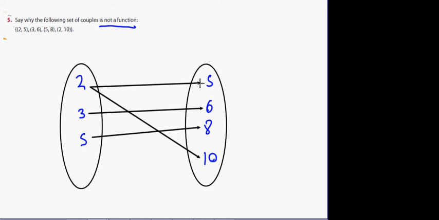This means it's not a function, okay? Or it's not a linear function, because there's a different gap. There's no rule, is there? Can you make out the rule? There doesn't seem to be a rule. So we'll just say it's not a function because the number 2 has 2 different values.